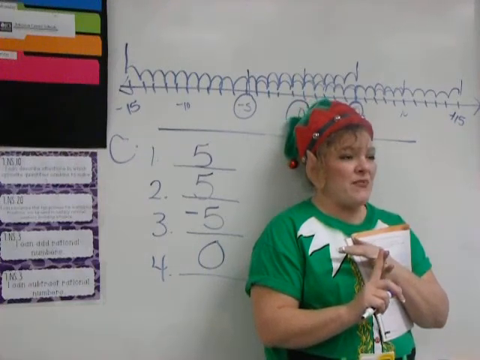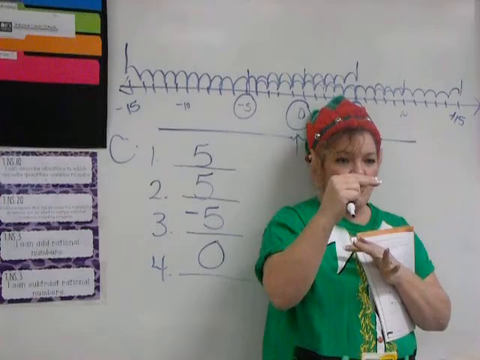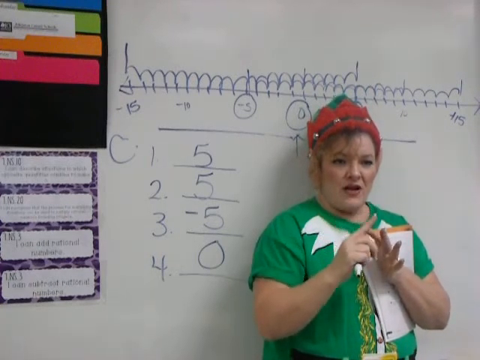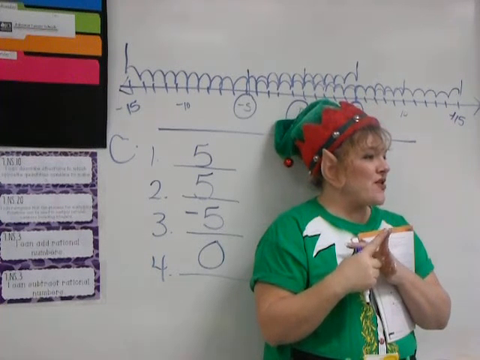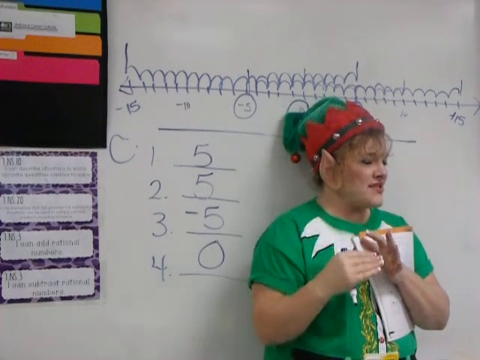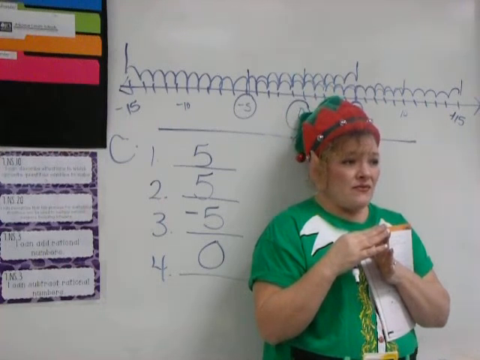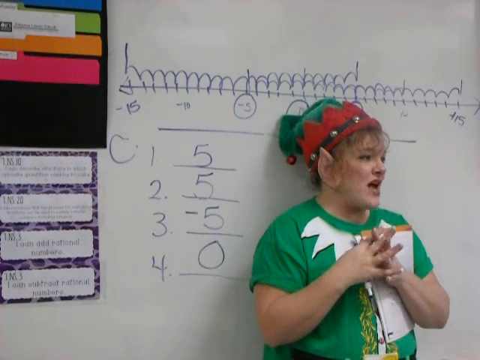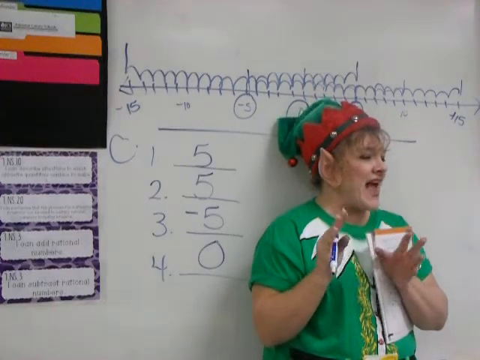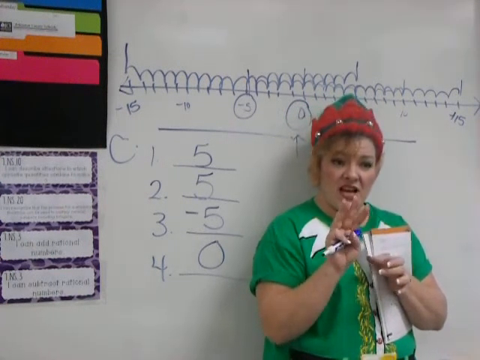Positive and negative numbers are used in altitude, above sea level, below sea level. Positive and negative numbers are used on a thermometer, above 0, below 0. In golf, they're wanting you to come up with real-life situations where you will be adding opposites to get back to 0. You've got to come up with 3.